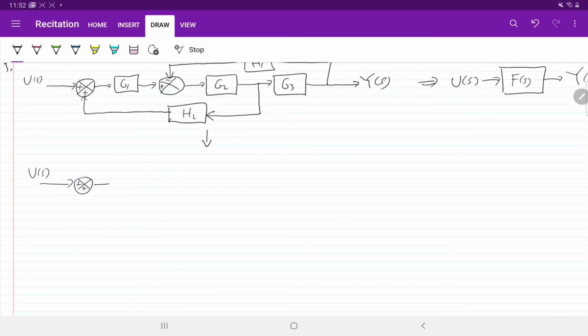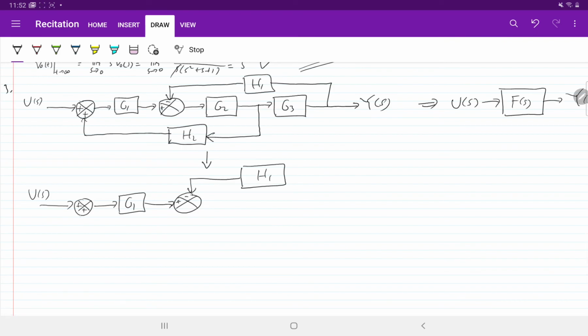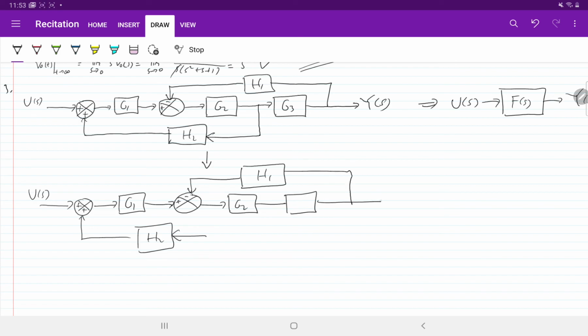U of s, G1, plus minus, this is H1, still H2, Y of s, this is G3, but we move it here, right?